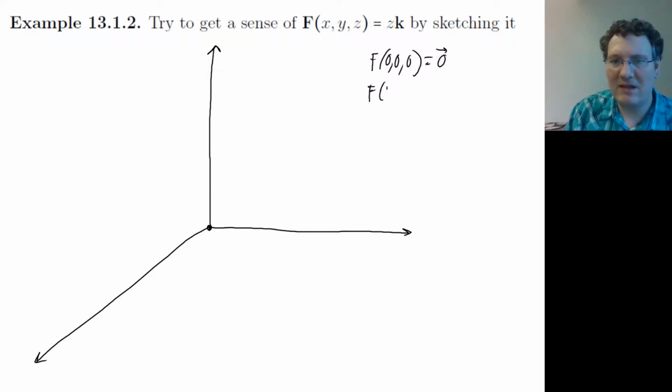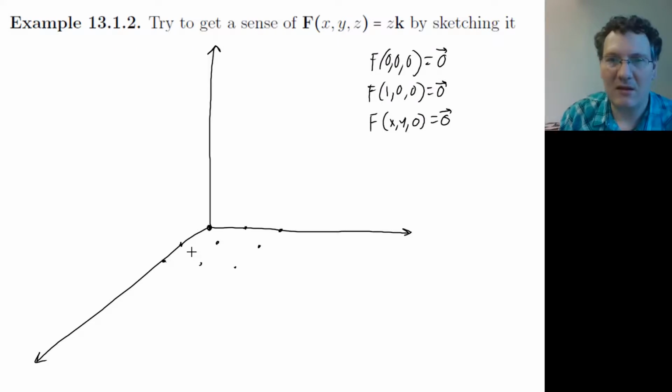F of, let's say, 1, 0, 0 is also going to be the zero vector, because the k component is 0. It really doesn't matter what x and y are. It's just going to be the zero vector for anything on the xy plane. It really just depends on the z value. So f of x, y, 1 is just going to be the vector 0, 0, 1.